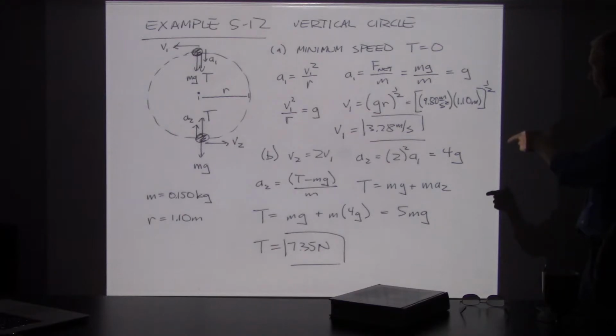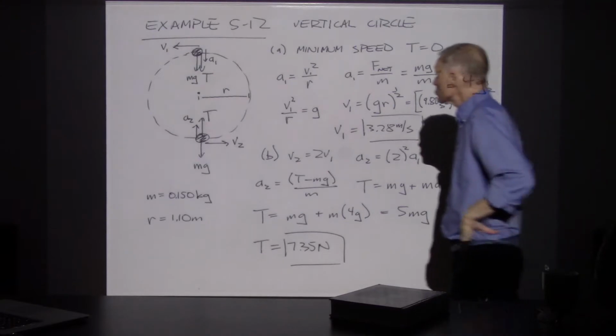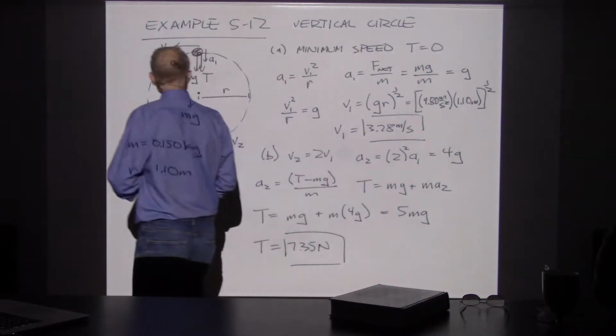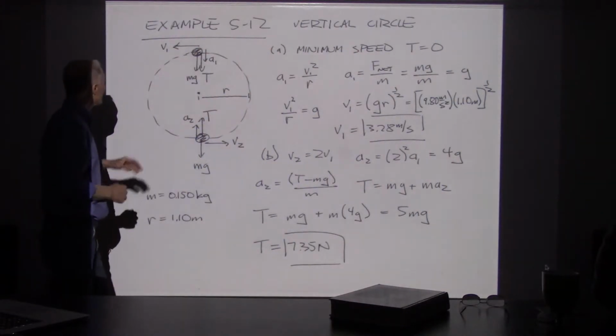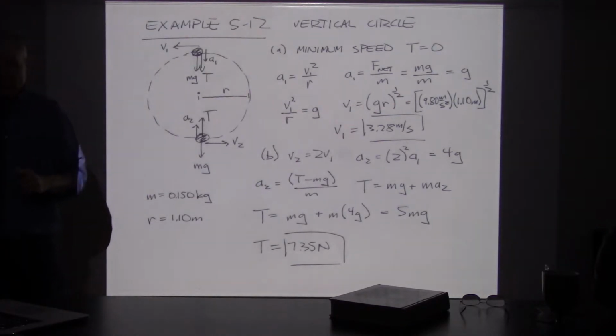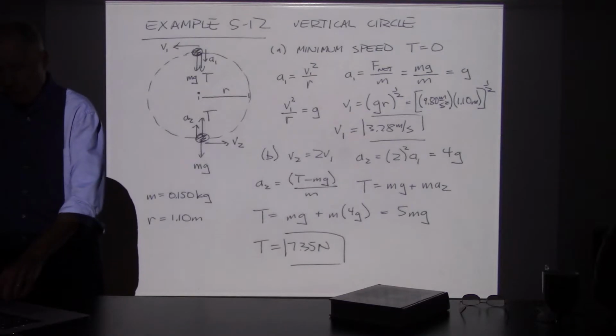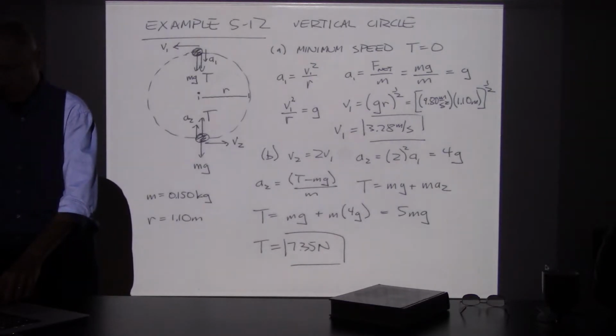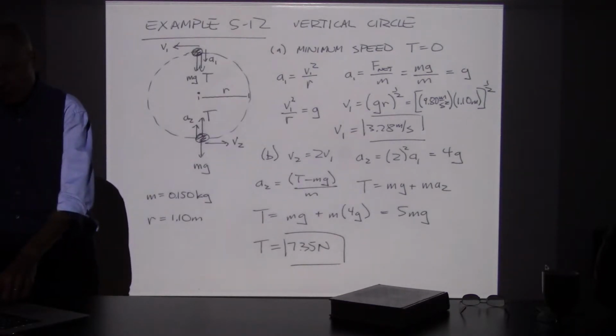So the tension here then worked out, and we put the numbers in. It's not a very heavy object. The tension that we would need at the bottom, 7.35 newtons. All right. So good problem, right? Good practice with force diagrams, with circular motion. That's what we need to be able to do now that we're into chapter 5.